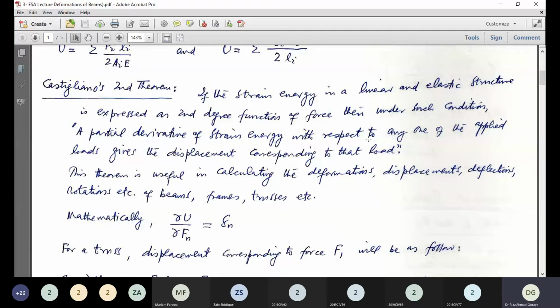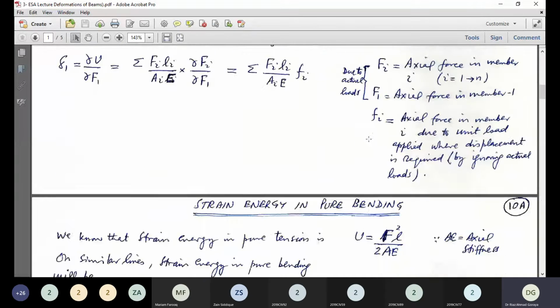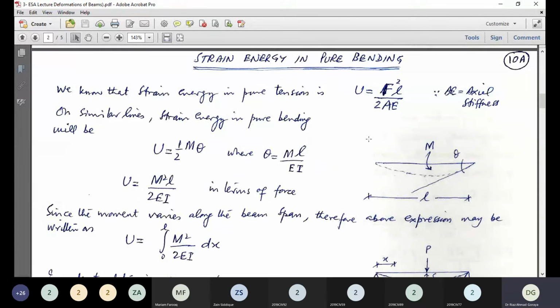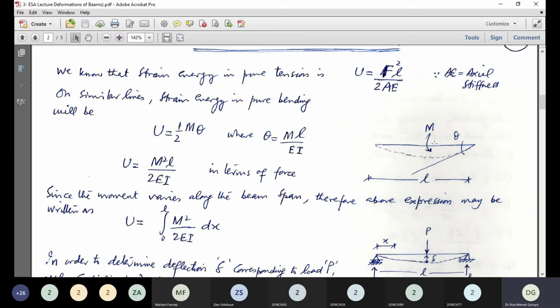This is just the base. Now we proceed to the strain energy in pure bending. We have just studied the equation F square L over 2AE. On similar lines, for the strain energy in pure bending, look at this beam subjected to moment M and rotation theta. The strain energy will be equal to half M into theta.